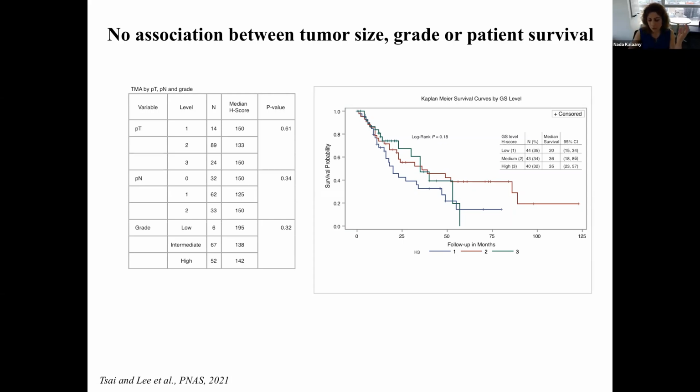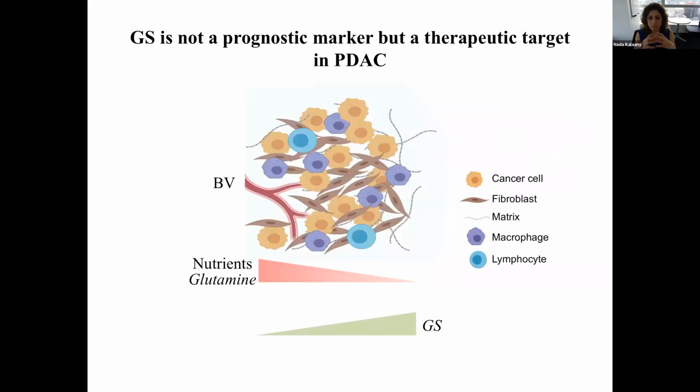So you can think of the tumor as having clusters of cancer cells within the tumor mass, okay? It depends really on the location of these cancer cells, where they are, and their proximity to the blood vessels, whether they express GS or they don't.